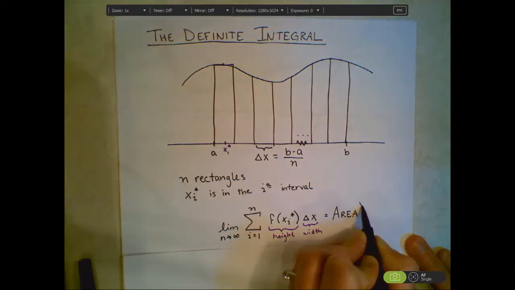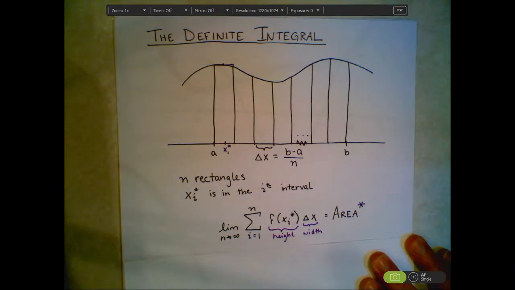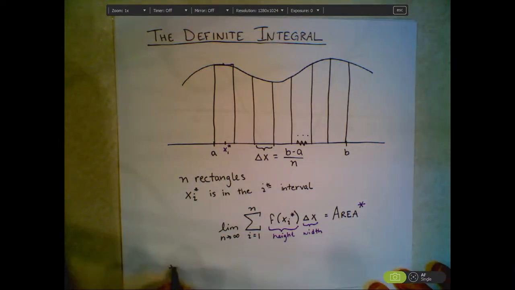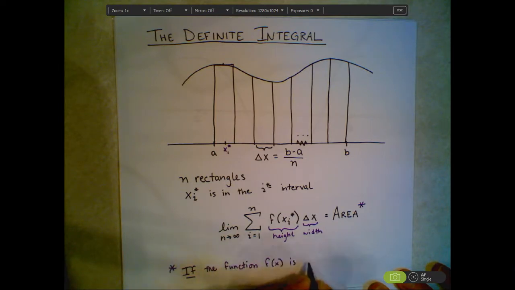I'm going to put a little star, and I'm going to say that that's equal to the area if the function f of x is greater than 0 and continuous.